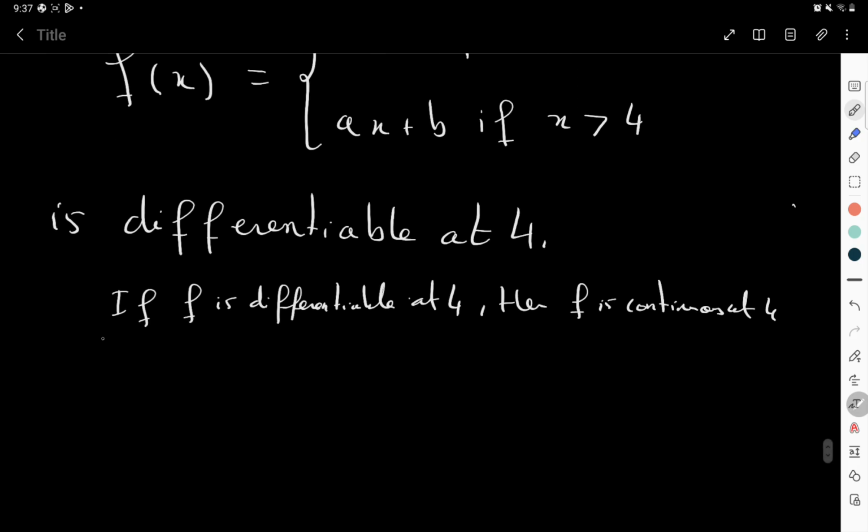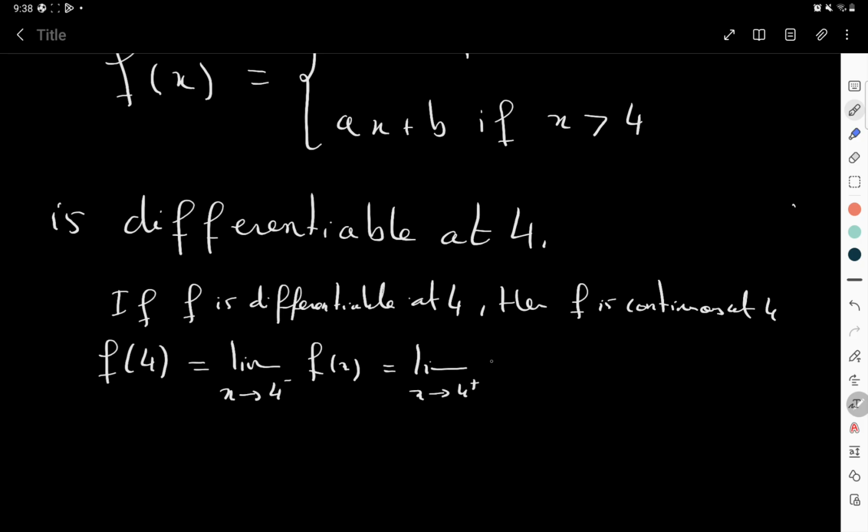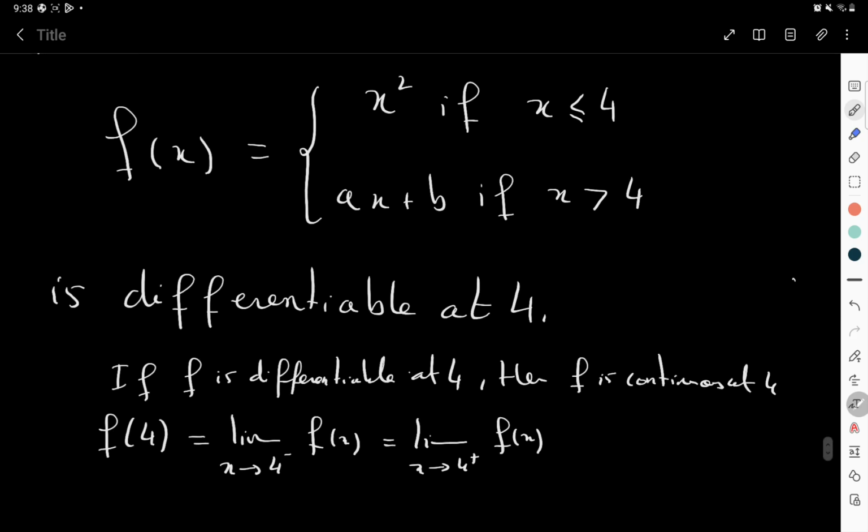What does that mean? This means that f of 4 should be equal to the limit as x goes to 4 minus of f of x, which should be equal to the limit as x goes to 4 plus of f of x.